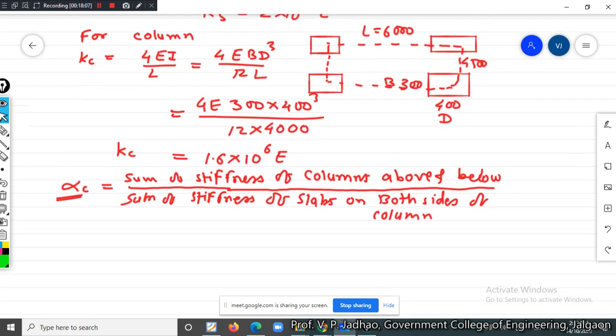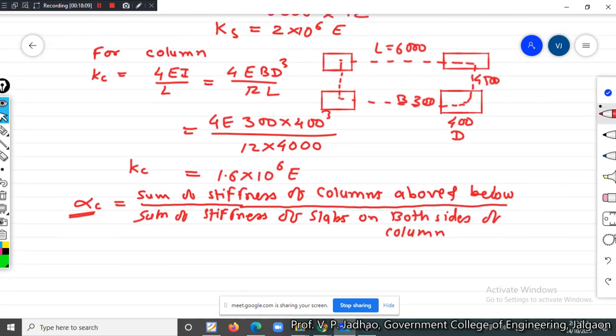So we can write that it is equal to the sum of stiffness of columns above and below, that is the stiffness of column multiplied by 2, because we want the stiffness of column above and below.